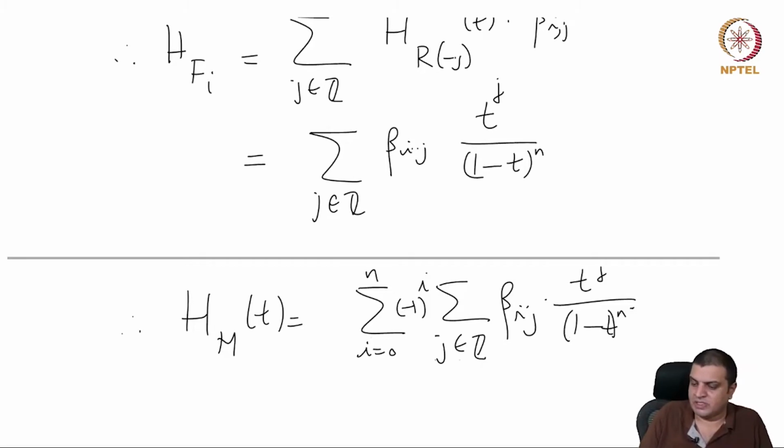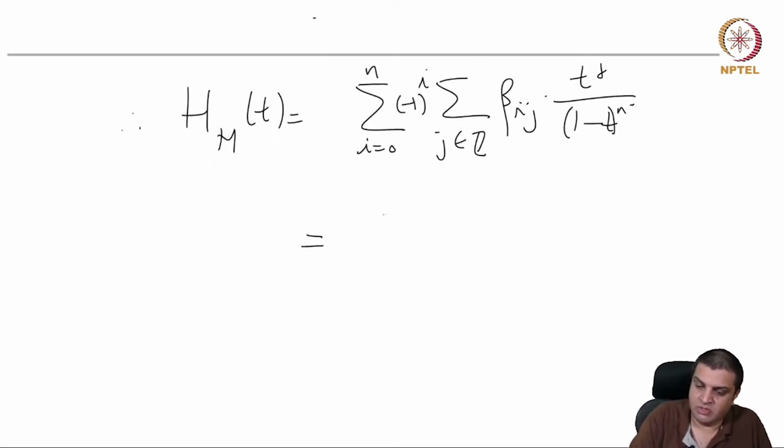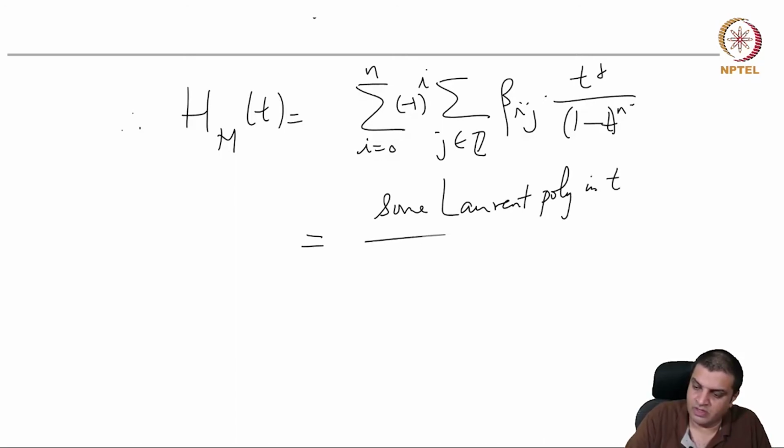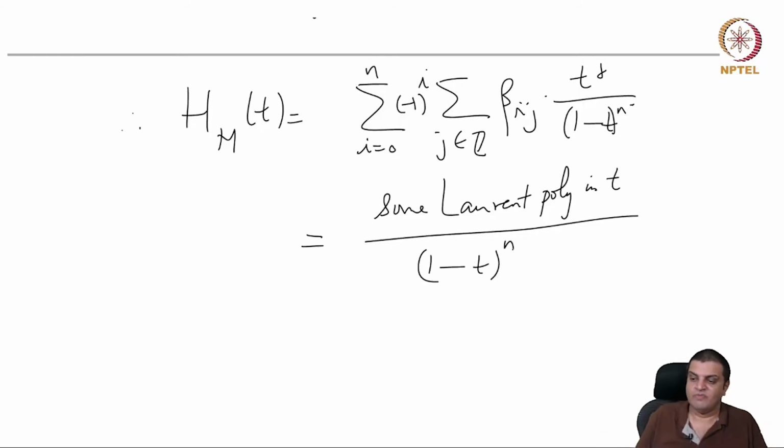So this is going to be some Laurent series in t, depending on what the j's are. If j is negative, it may not be a polynomial. So this is going to be some Laurent polynomial in t divided by (1 - t)^n. Okay, I just put this common factor.